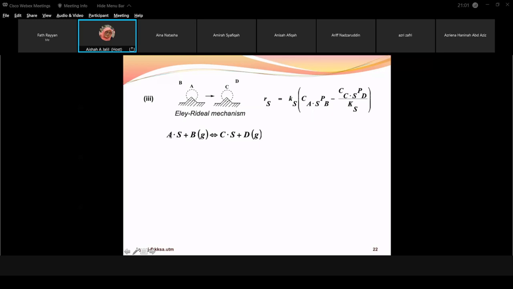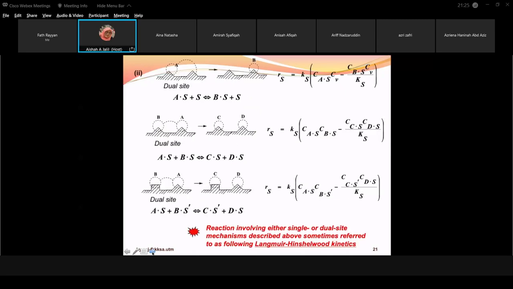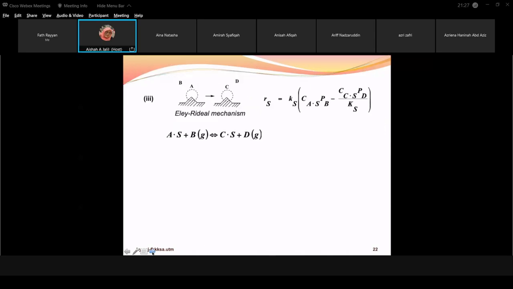Okay, C_A·S, C_V, the species B, so because this is gas, P_B, partial pressure for B, then minus C_C·S, and then P_D. Okay, so these are 3 types of surface reaction: single site, dual site, and then Eley-Rideal.